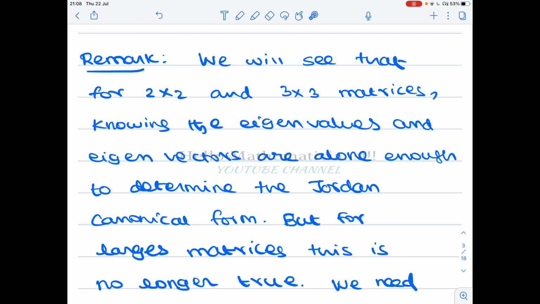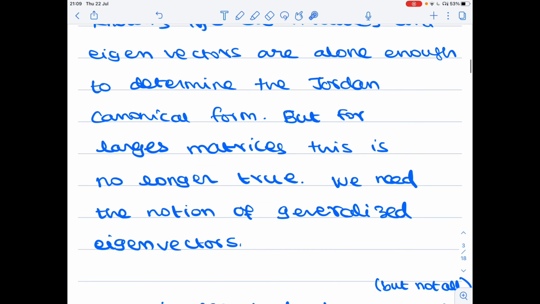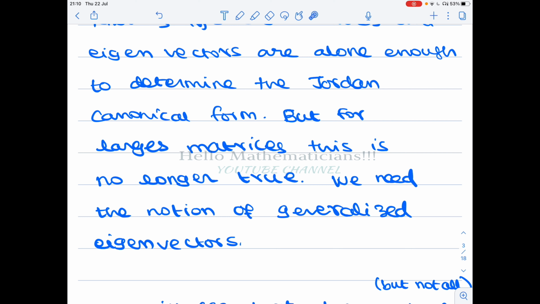If you know the eigenvalues and eigenvectors, then you can say what the Jordan canonical form is if it is a 2 by 2 or 3 by 3 matrix. If it is a 4 by 4 or 5 by 5 matrix, then knowing the eigenvalues and eigenvectors is not sufficient. You need more information. That is what it is saying. For larger matrices, this is no longer true, which means you need more information.